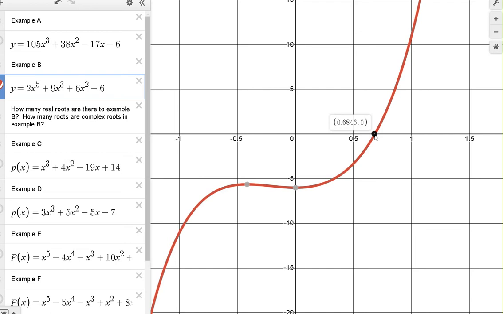But I know that with a third degree polynomial, there's going to be 3 solutions. The other 2 have to be complex. So you got 1 real and 2 complex solutions there. Nice. Okay, how are we looking on example B here? Doing okay? Let's keep going.